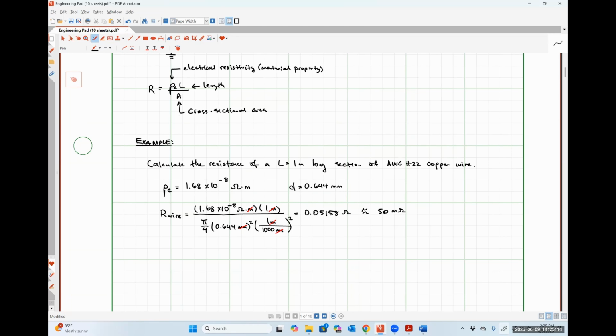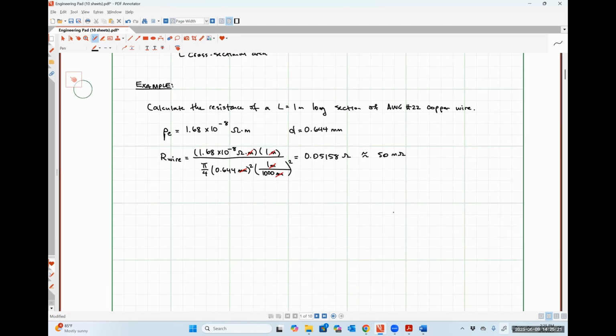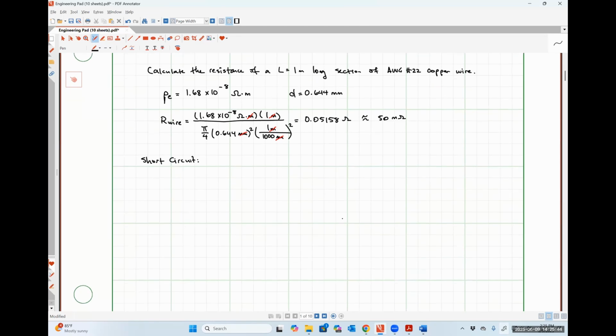So I want to take this and take another step from this realization, and I'm going to define a short circuit and an open circuit in terms of their resistance here. A short circuit is just going to be represented by a straight line or a section of wire.